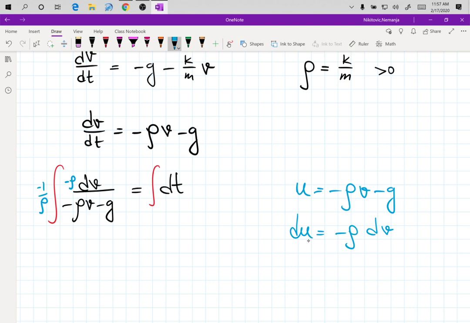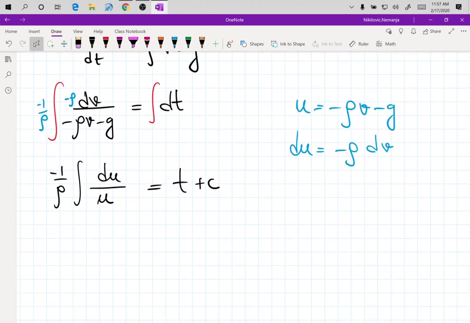And now, what do we have? We have negative 1 over rho times the integral of negative rho dv, which is du, divided by the whole denominator, which is u. On the other side, you just have t plus c when you integrate. So now you have negative 1 over rho ln of u equals t plus c.